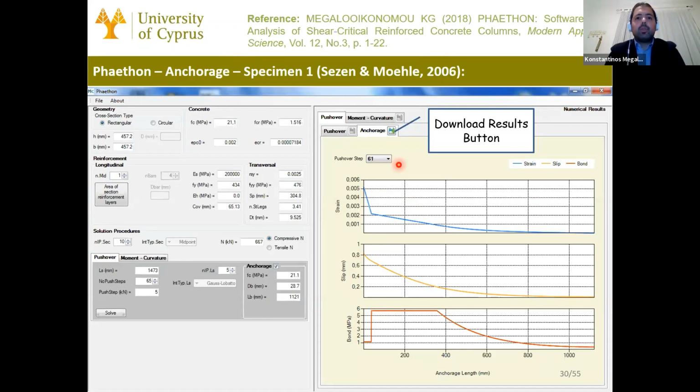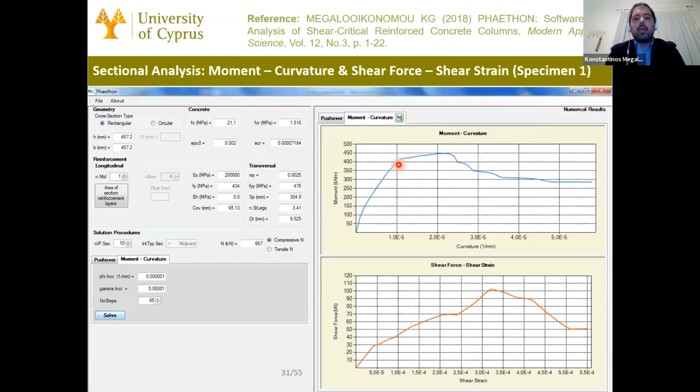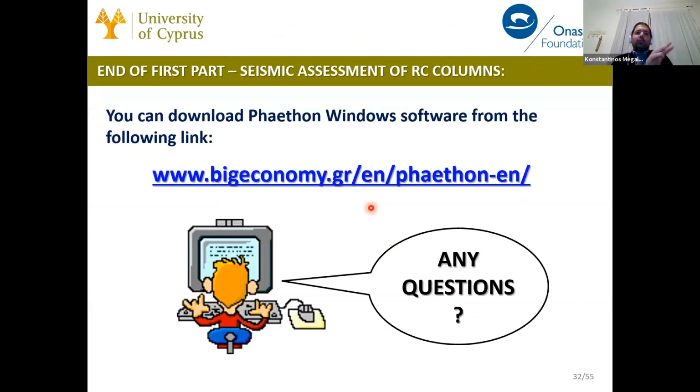And moreover, moment curvature analysis and shear force, shear strain are obtained from a section analysis, also from this standalone software. And with this, I would like to end the first part about seismic assessment, and you can download the Windows software from this link. And we are really hoping that we can have it soon also implemented in OpenSees, and have our tests also with OpenSees.